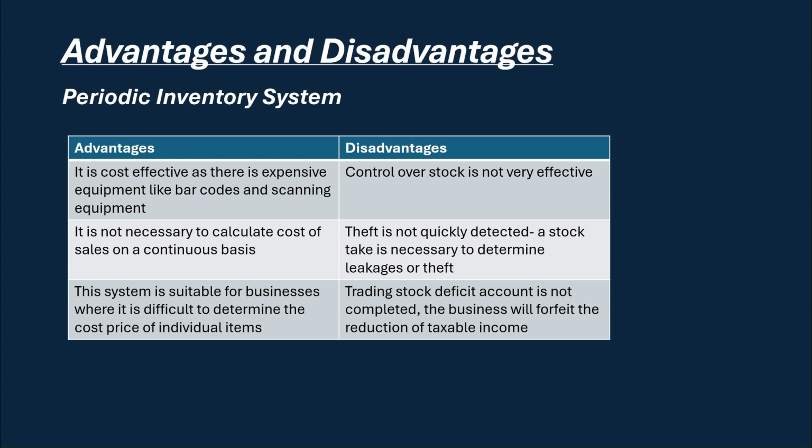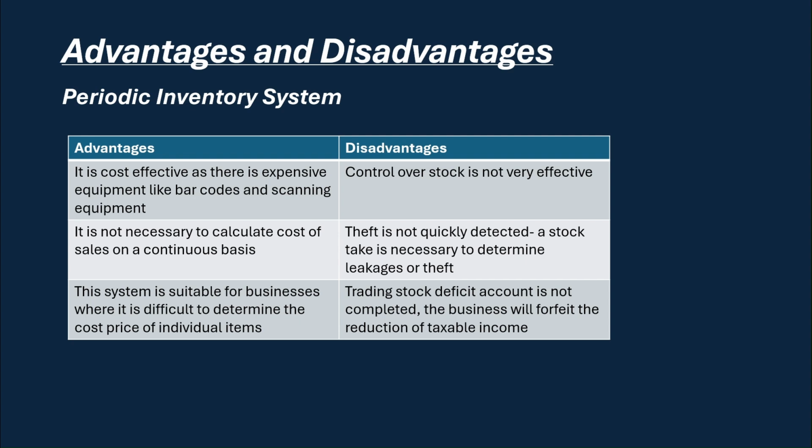Obviously, since that one's disadvantage is that it was expensive, this one is cheap because they don't have to check every time and all that, right? So they basically get to use a cost effective system that won't need equipment like barcodes and scanning equipment.